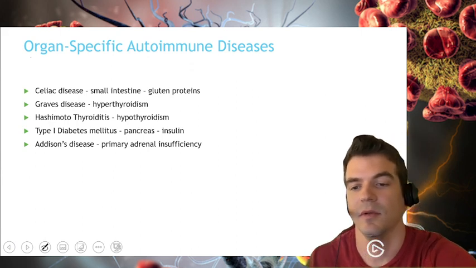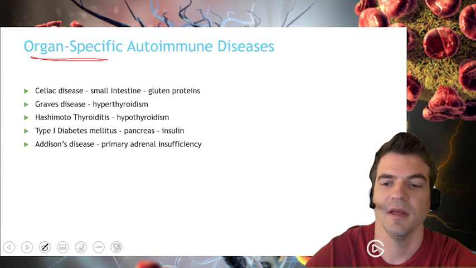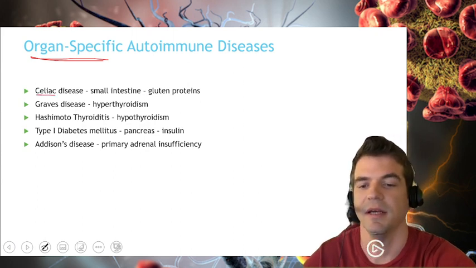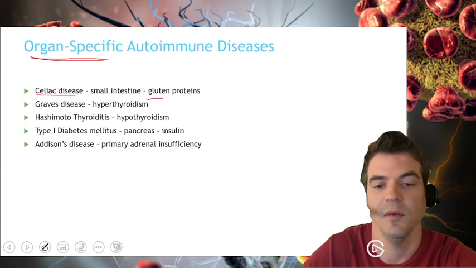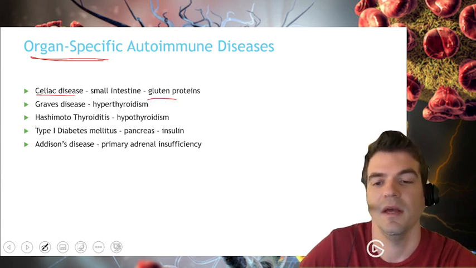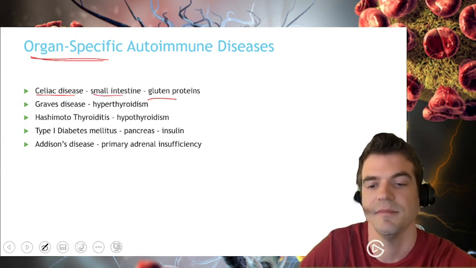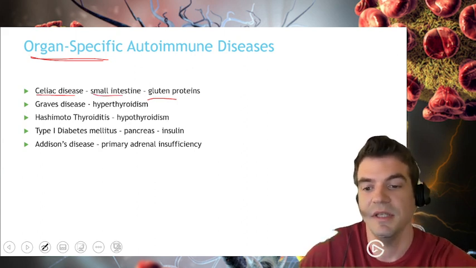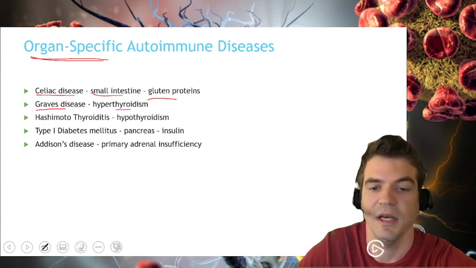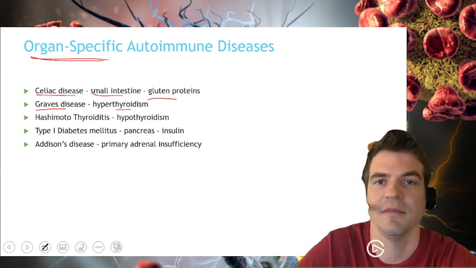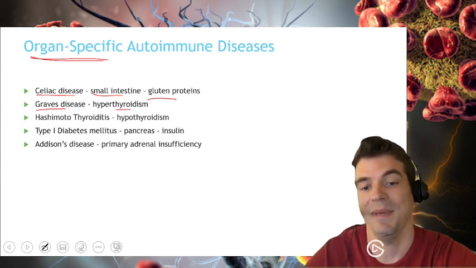In some organ-specific autoimmune disorders, celiac disease would be one of those. Celiac is when you can't eat gluten, and it will not be tolerated by the small intestine. Graves' disease is another, specific to the thyroid, and if it's hyperthyroid, it's going to get big.